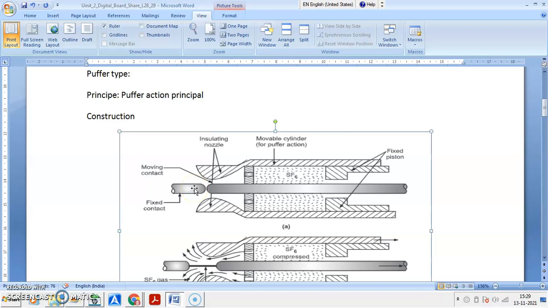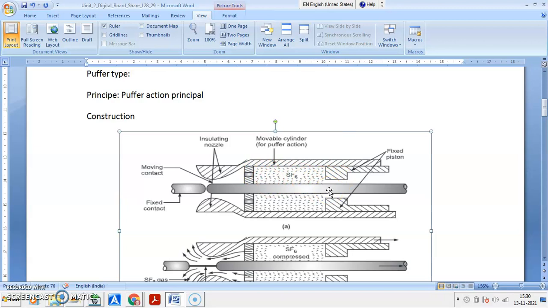A fixed position is provided up to which this moving contact will move. This entire chamber is filled with SF6 gas. This is an entirely movable cylinder, and along with the moving contact, this movable cylinder moves back. This is the fixed position up to which you can move the cylinder.